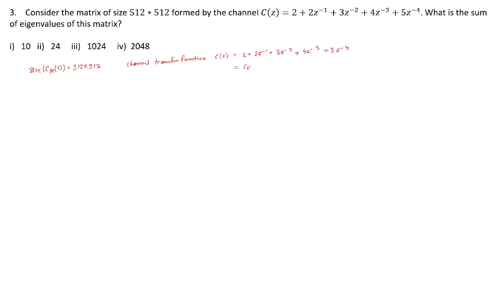You can write this as C naught plus C1 Z inverse plus C2 Z to the power minus 2 plus C3 Z to the power minus 3 plus C4 Z to the power minus 4, where the C i are the channel taps.